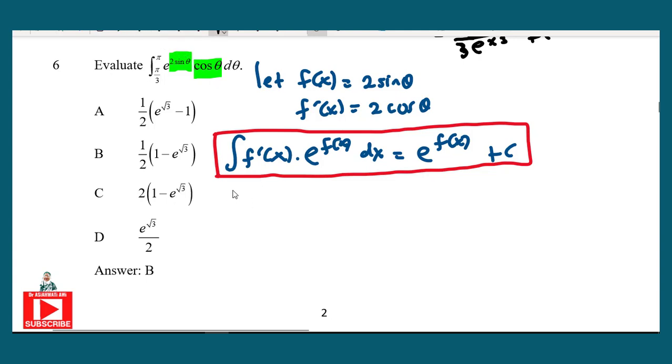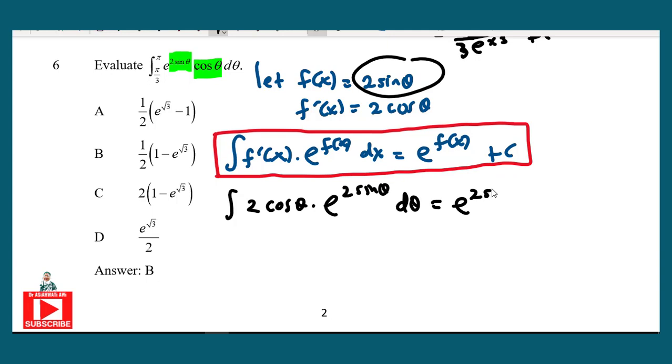Substitute, following the template. f prime of x is equal to 2 cos theta, e power f(x) is equal to e power 2 sin theta, and this is d theta, equal to e power 2 sin theta plus c. And compare with the initial question without the constant.